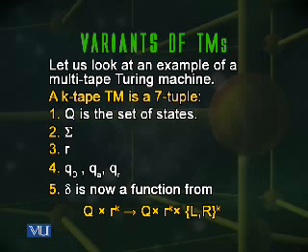It decides to go into a new state, and for each symbol it decides what to replace that symbol with. Therefore, it's mapping Q cross Gamma to the K to Q cross Gamma to the K, meaning it's telling what the replacements are for all the symbols it has read. Furthermore, the component {L, R} to the K tells each head whether to move left or right.